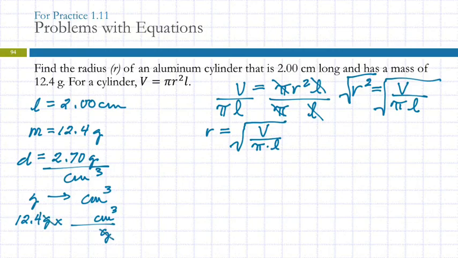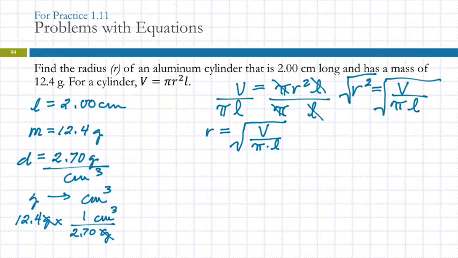I can convert the mass into a volume. I can also convert volume into mass if I have the density. I have the density, 2.70 grams. 2.70 grams happens to be in the denominator this time. 1 cubic centimeter.